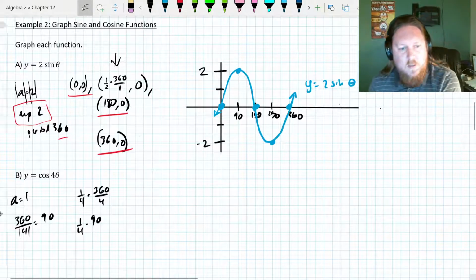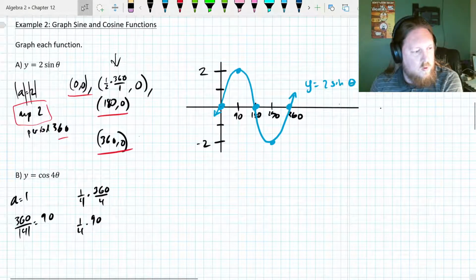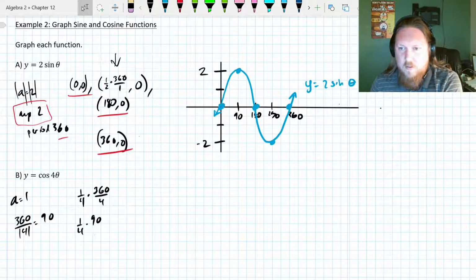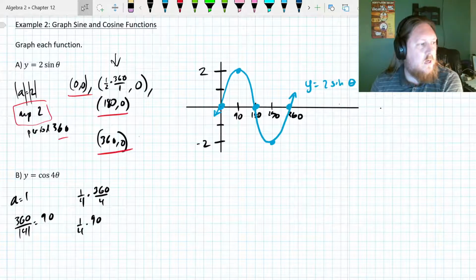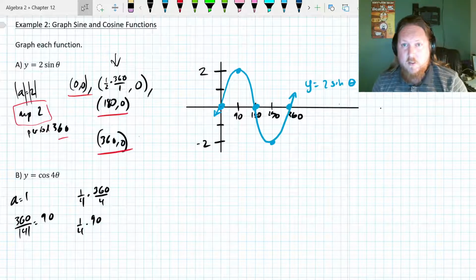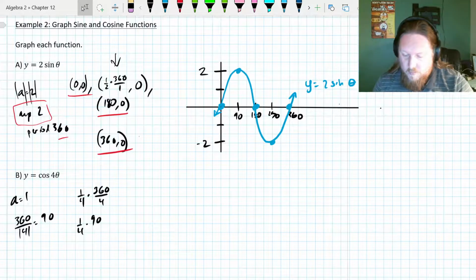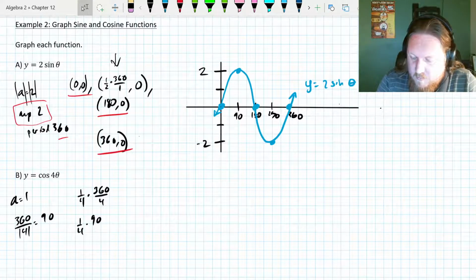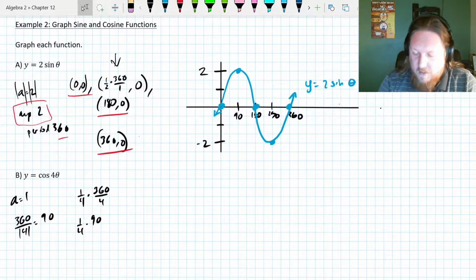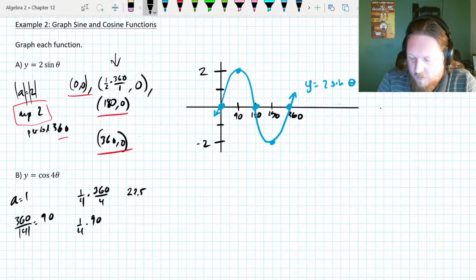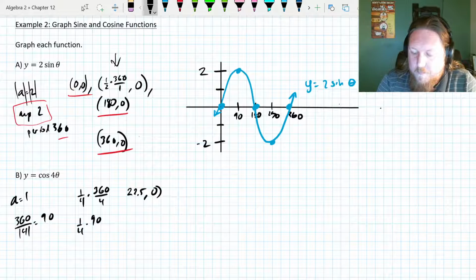So does that mean 22.5? Is that what I'm working with here? Let me calculate that out real quick just to make sure I got that right. 360 divided by 4 is 90. Divided by 4 again. And we've got ourselves 22.5. So our first intercept is going to be 22.5, comma 0.